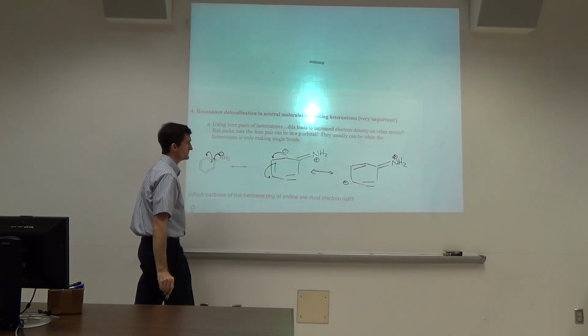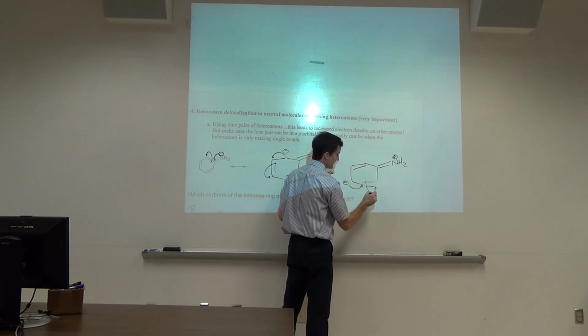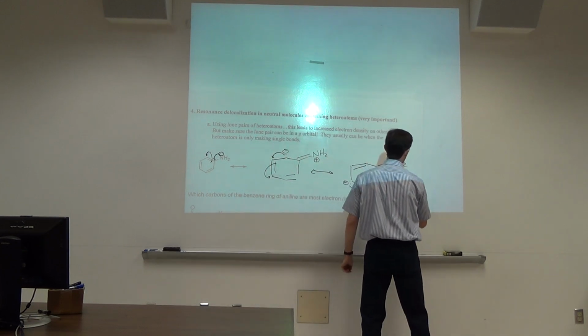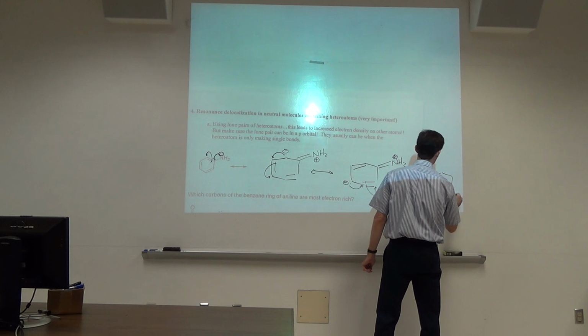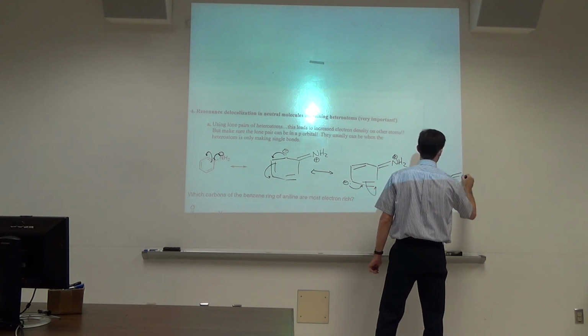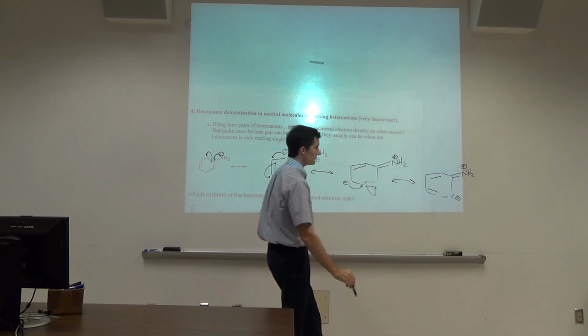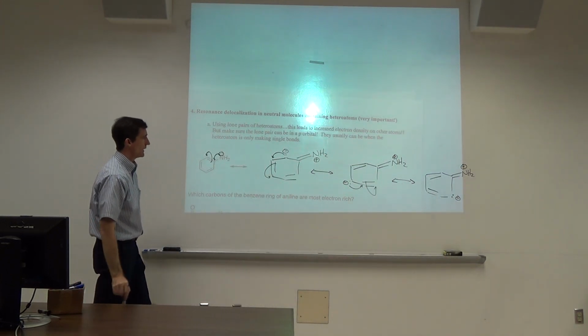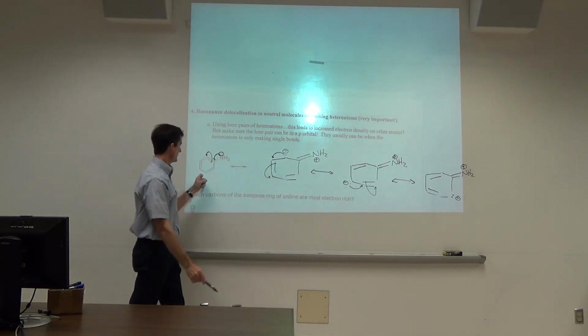Get here. And these electrons move here and these out. Now if we move these in and move the pi electrons out on the nitrogen, we would get back to here.